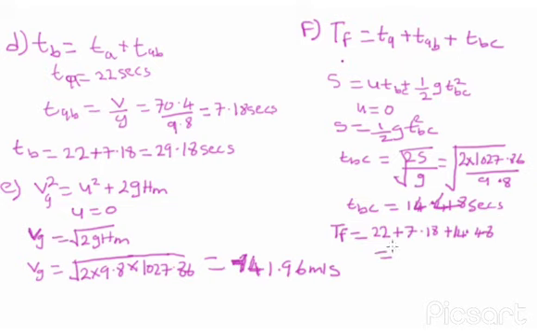So that will be equal to 43.66 seconds. So that's the time the object took in flying from point A up to point B and down to point C. That is the total time of flight. I hope this is clear. Thank you for listening.